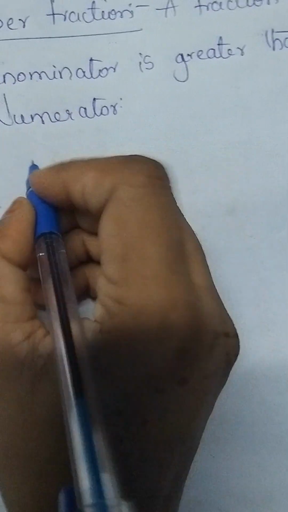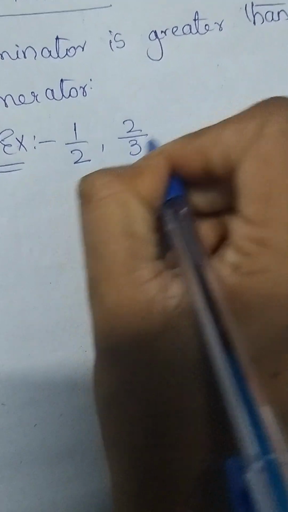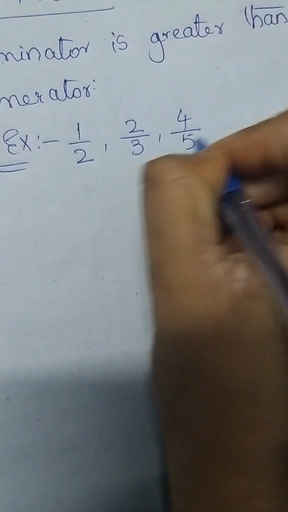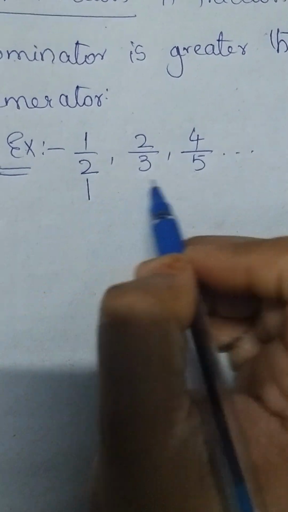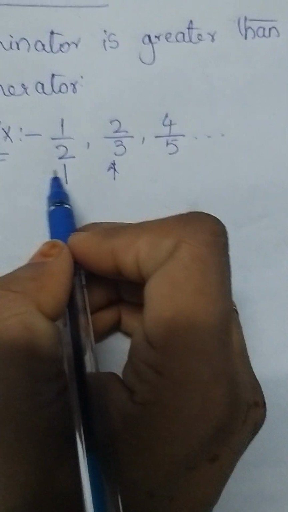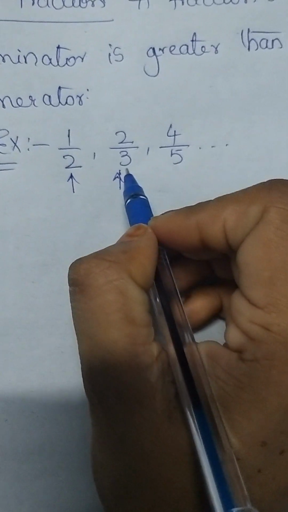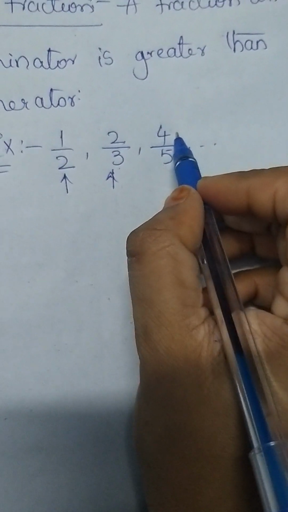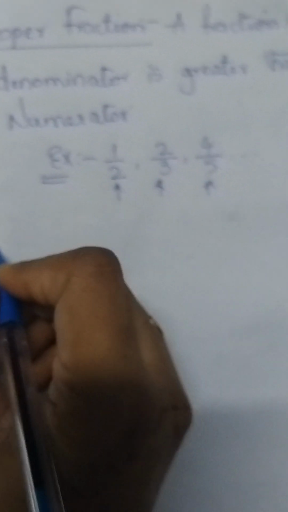For example, 1 by 2, 2 by 3, 4 by 5, and so on. Here see, 1 is less than 2, 2 is less and 3 is greater, 4 is less and 5 is greater. So these are all proper.